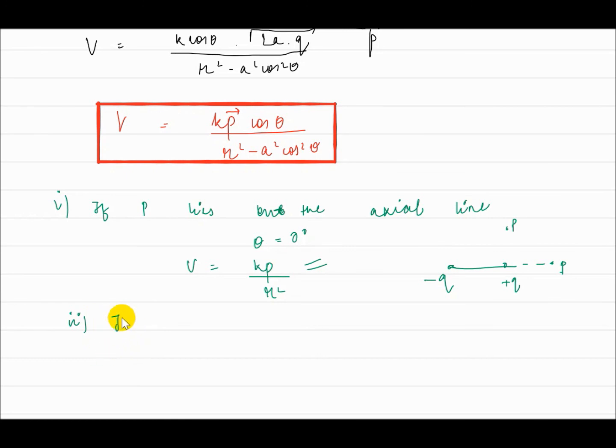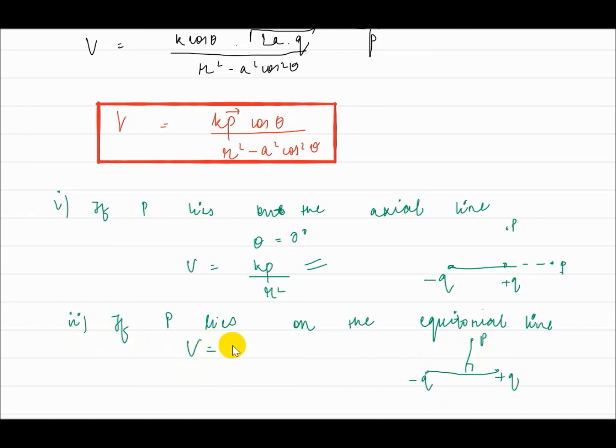And if P lies on the equatorial line, then minus q, plus q, and P is here. So it makes an angle 90 with the dipole.